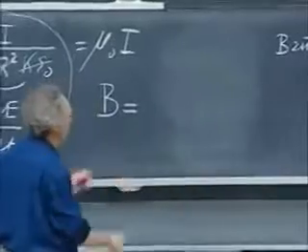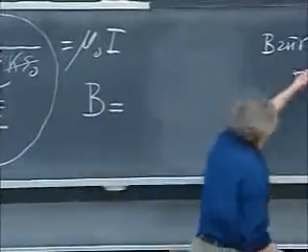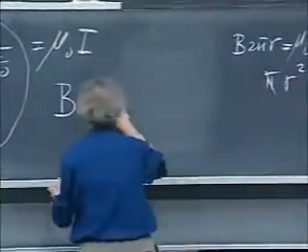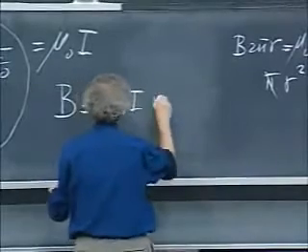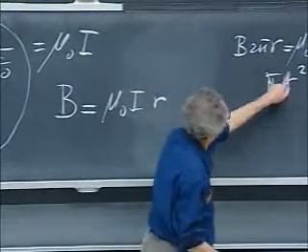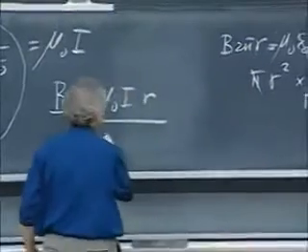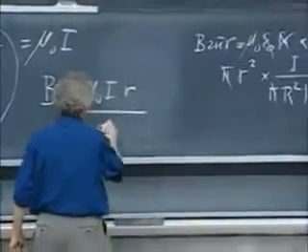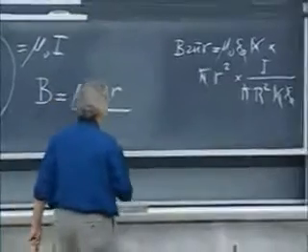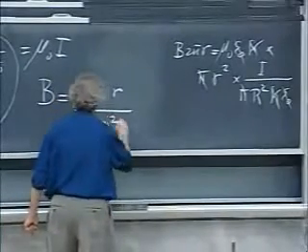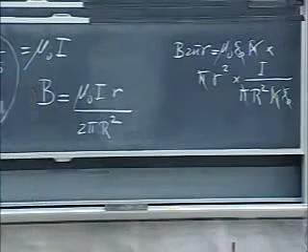Because if I make up my balance, I get upstairs mu 0 times I, but I get one little r upstairs. You see, you have r squared here and you have r here. And downstairs, I get 2 pi, and then I get a capital R squared.